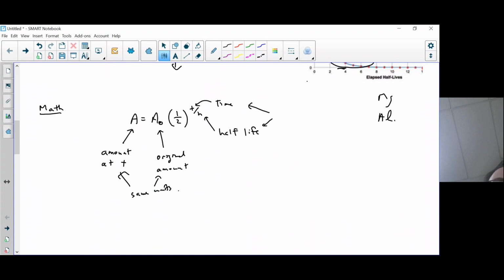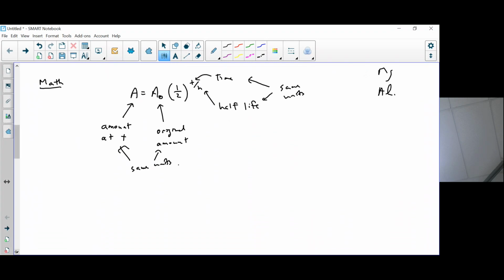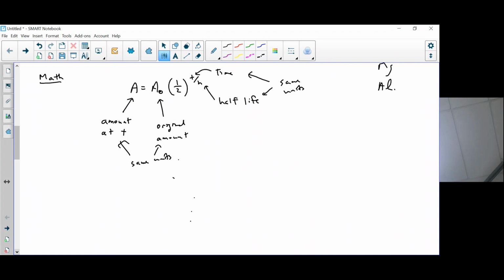And the same thing up here in this exponent, I have t divided by h, where t is the time and h is the half-life, and these have to have the same units if we're going to successfully solve problems. Now, this formula works for A or A0.